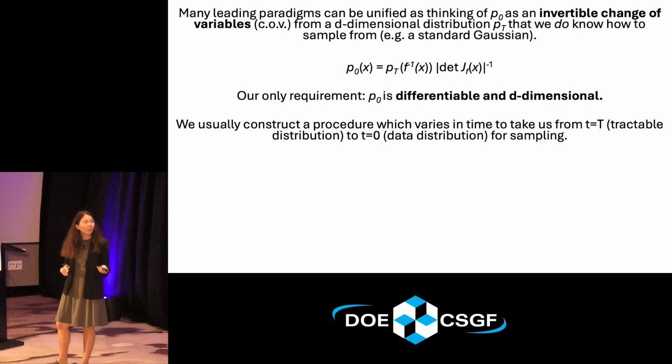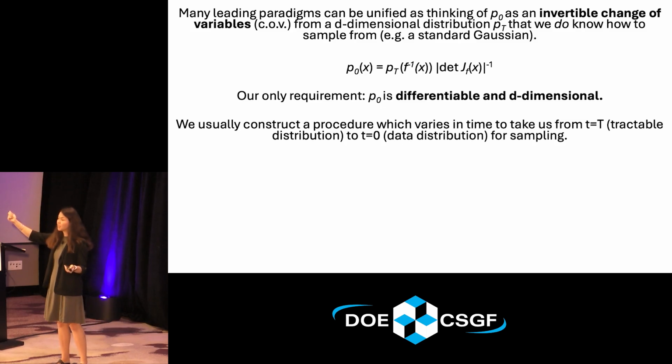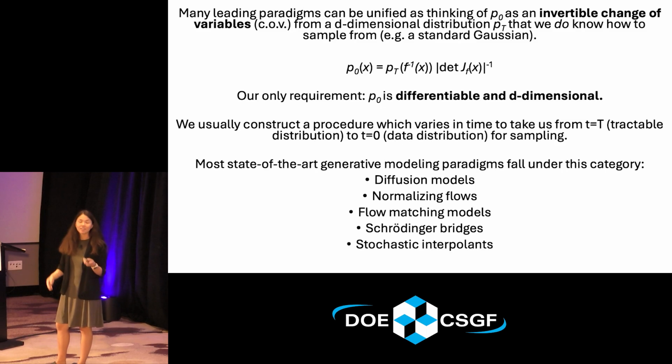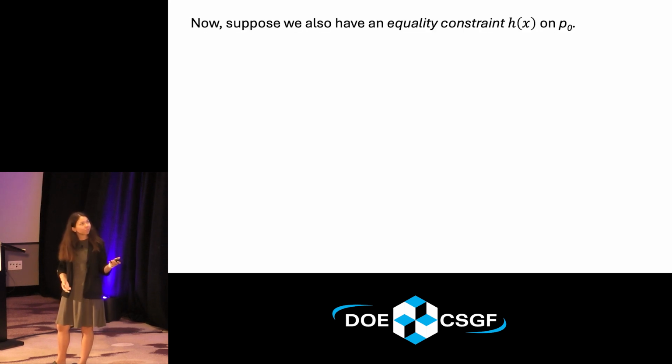Usually, generative modeling amounts to constructing some kind of training and sampling procedure that varies in time, usually continuously, that takes us from T equals capital T, so that tractable, easy to sample from Gaussian, to the data distribution. Most of the continuous time formulations that you know and love, like diffusion models, all fall under this umbrella, as well as some more recent stuff.